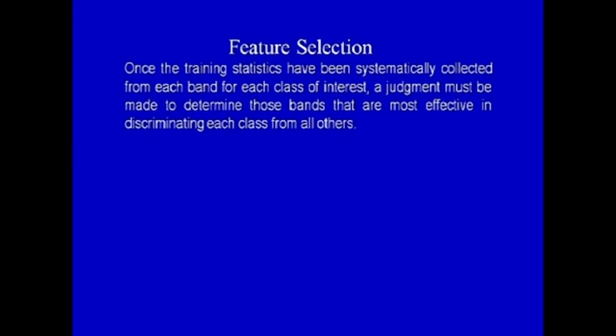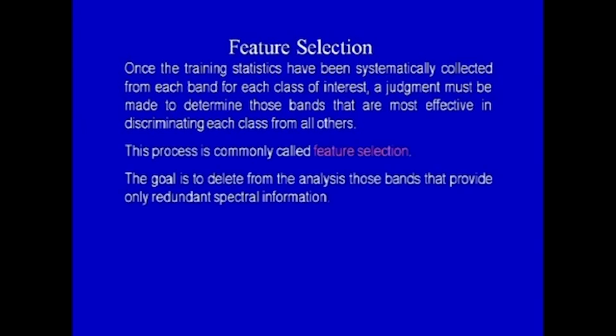Once the training data has been systematically collected from each band for each class of interest, a judgment must be made to determine those bands that are most effective in discriminating each class from all others. Well, this process is commonly called feature selection.